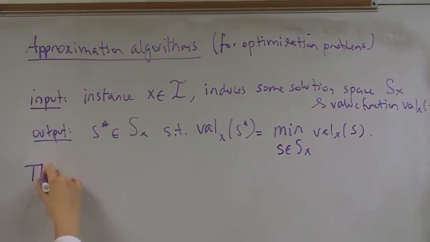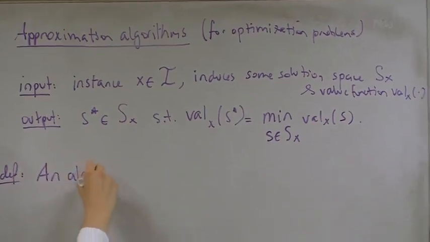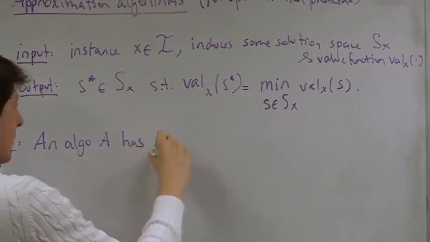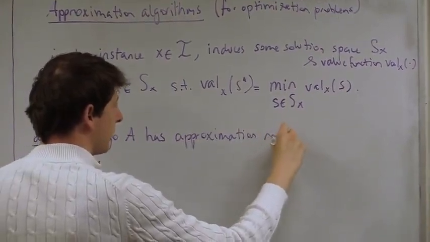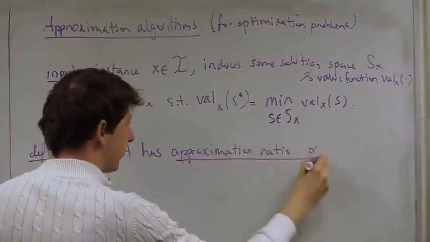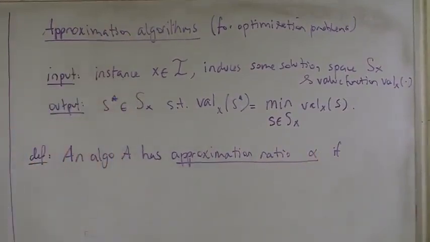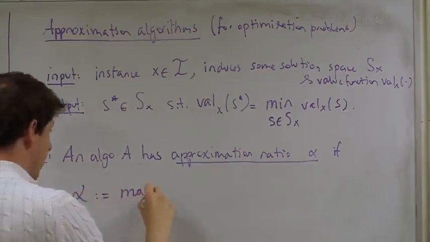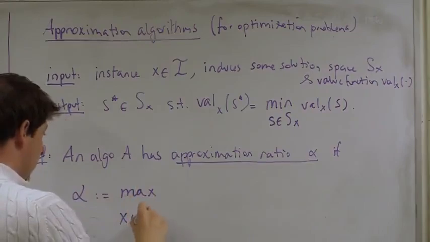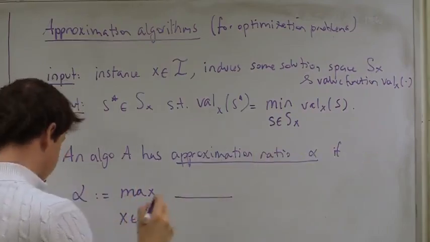So we say that an algorithm A, so here's the definition of approximation, has so-called approximation ratio alpha if alpha is the maximum ratio across all possible instances of the following quantity.